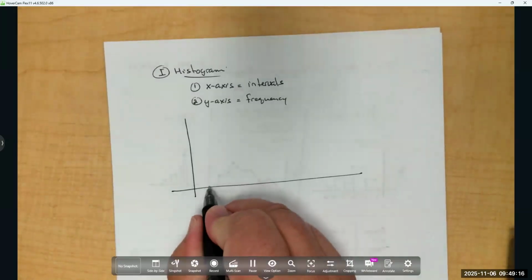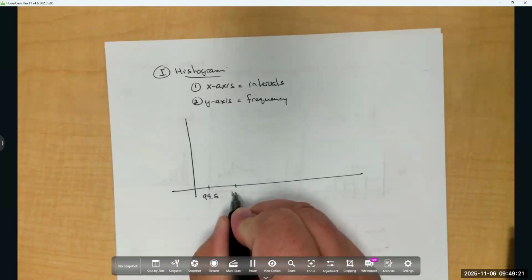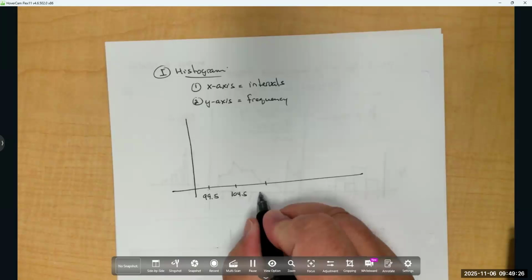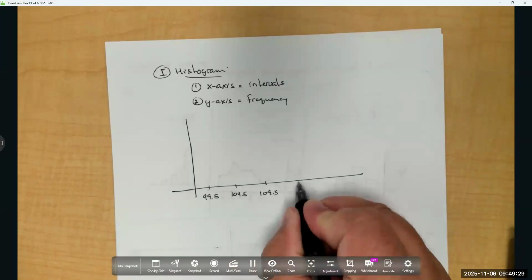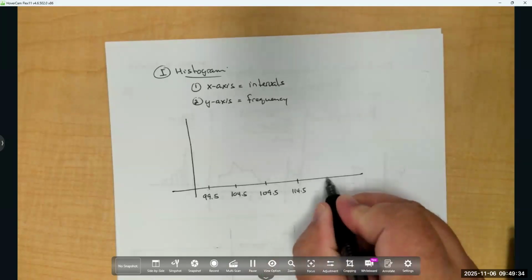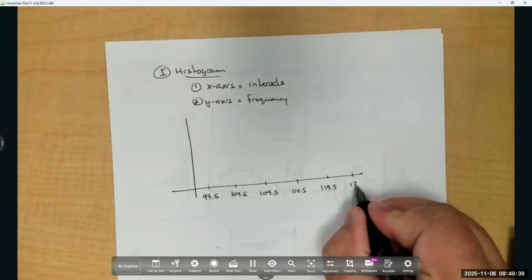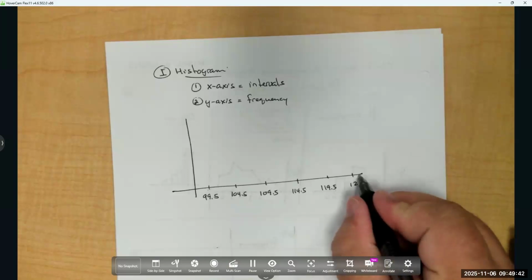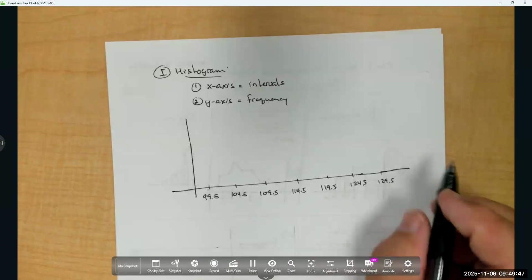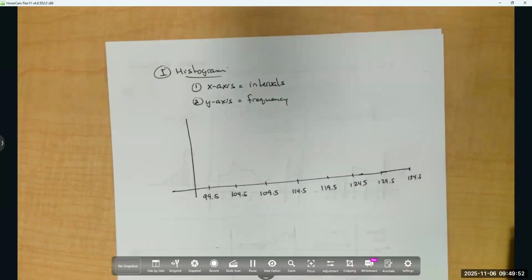So our data goes from 99.5 to 104.5 to 109.5 to 114.5 to 119.5, 124.5, and 129.5. And it stops at 134.5.